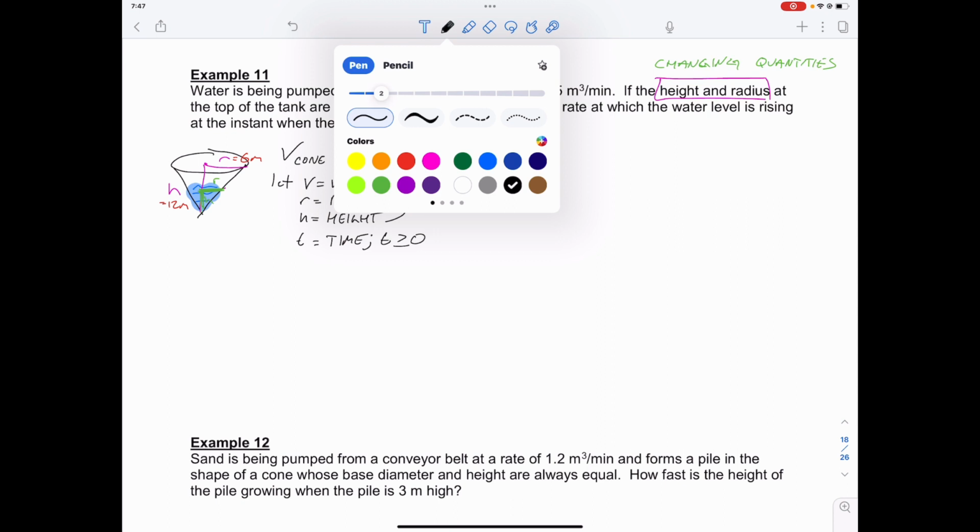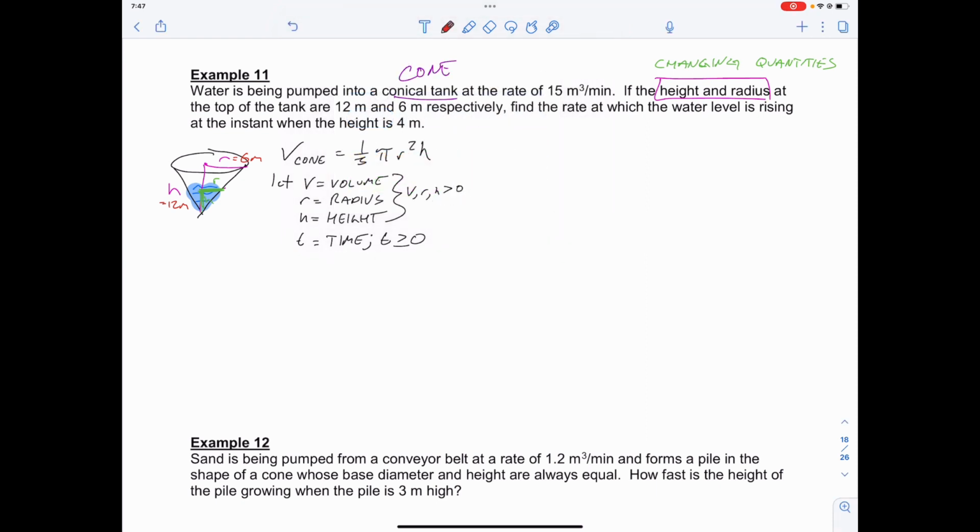Now, when we look at the radius and the height, even though they're changing, they're still creating this right angle triangle where the angles inside aren't changing, which means that the ratio of the radius and the height have to stay the same. If the angles don't change, that ratio stays the same, just like what we learned in trigonometry.